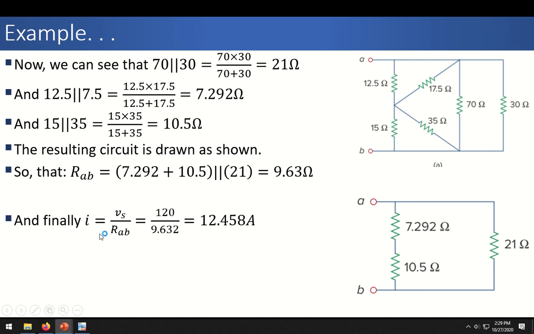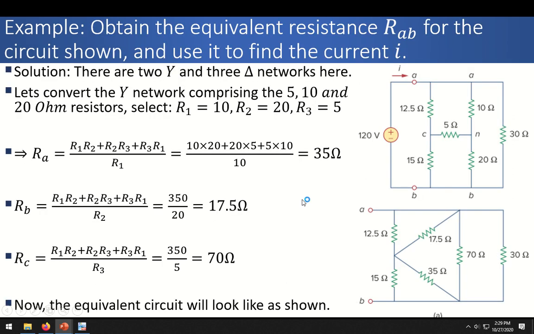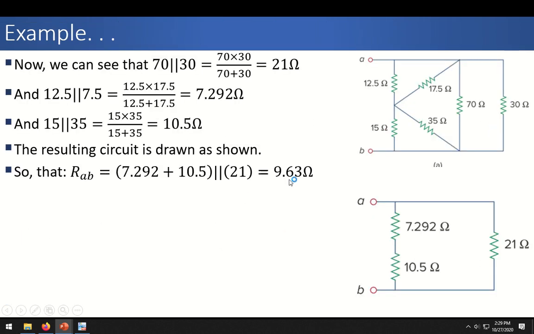So now we can easily find I, that is the current in the main branch. Obviously this is the voltage across A and B divided by the resistance across A and B. The voltage across A and B is 120, and the resistance across A and B terminals is 9.63.